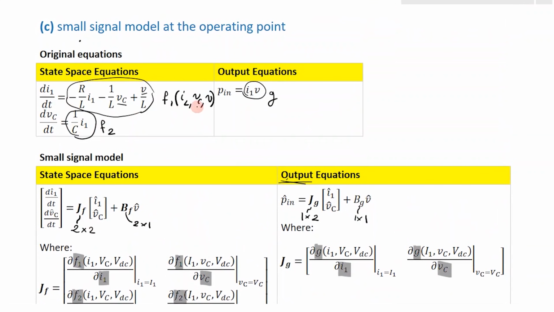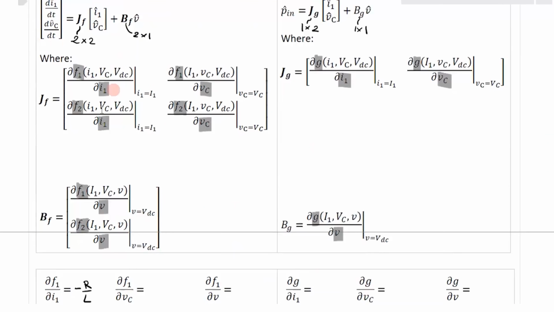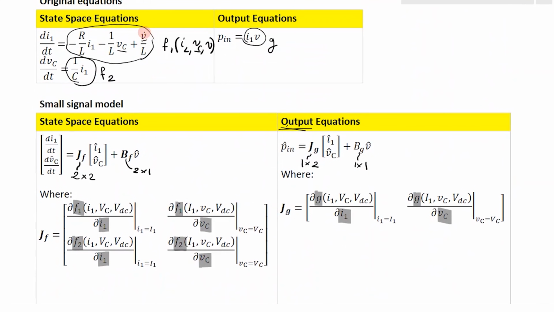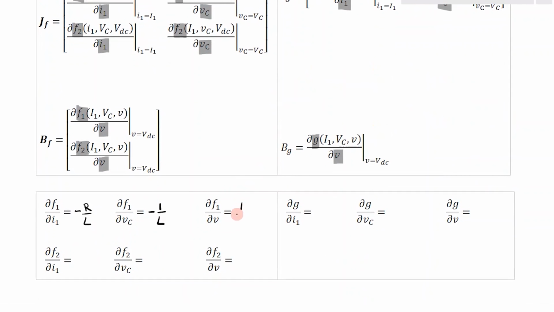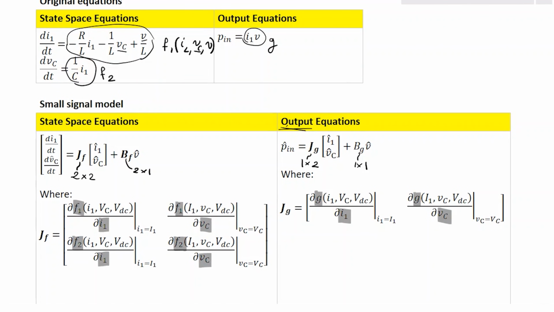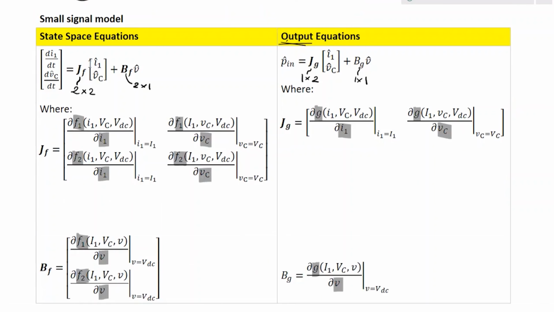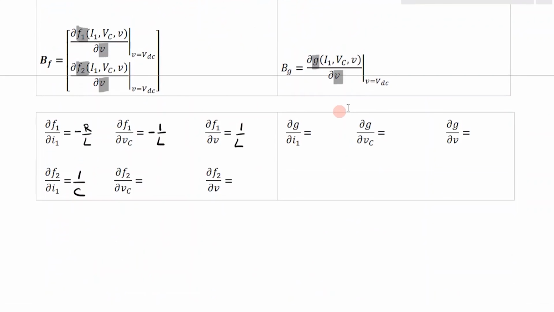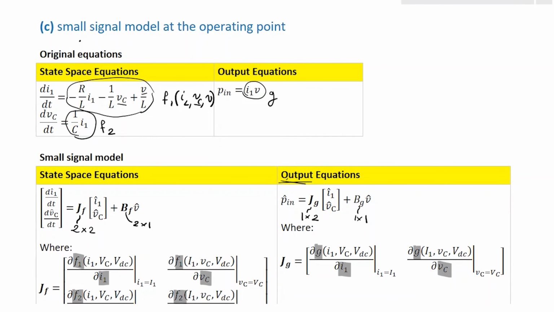Derivative with respect to VC is going to be negative 1 over L. Derivative with respect to this V is 1 over L, because everything else is a constant. For F2, we have derivative with respect to I1 is 1 over C. And then all the other derivatives are equal to 0.